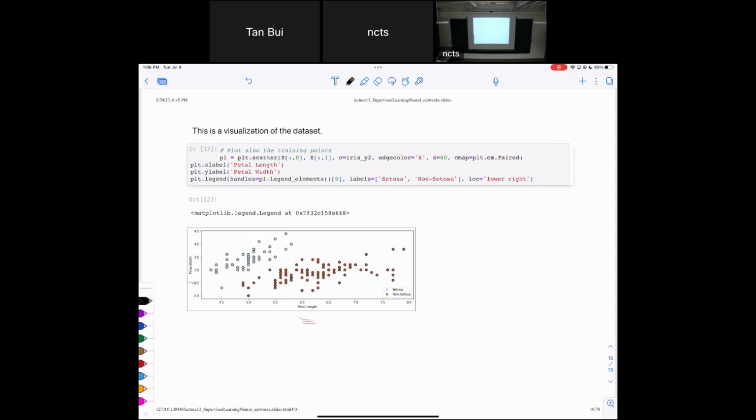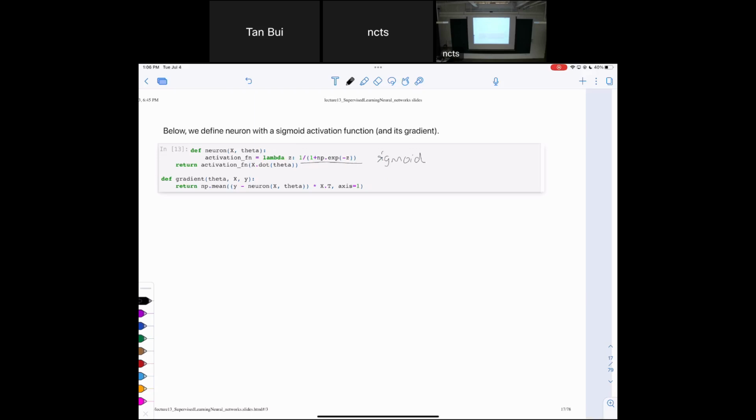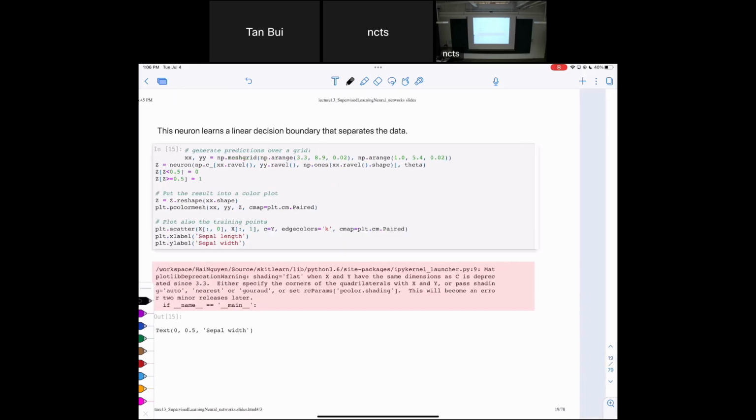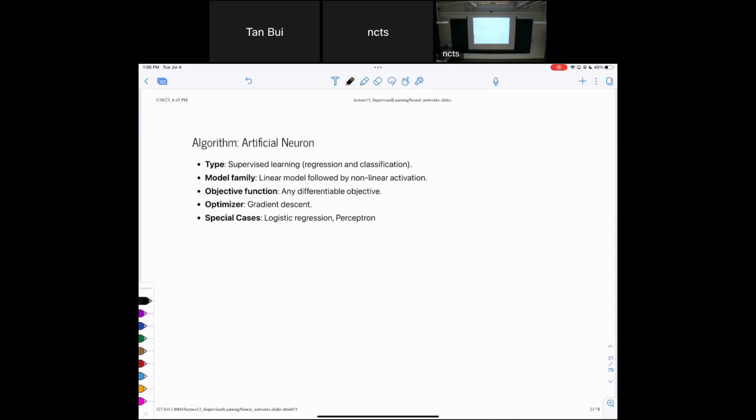One is setosa, the other non-setosa. I would invite you to go through it. You see that it uses the sigmoid function for classification. That's the sigmoid function, 1 over 1 plus exponential, right there. This is the activation function sigmoid here. You can try it later when you have free time.